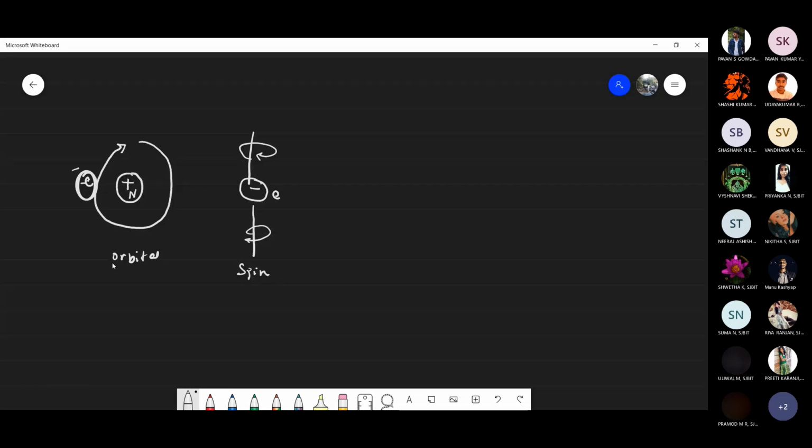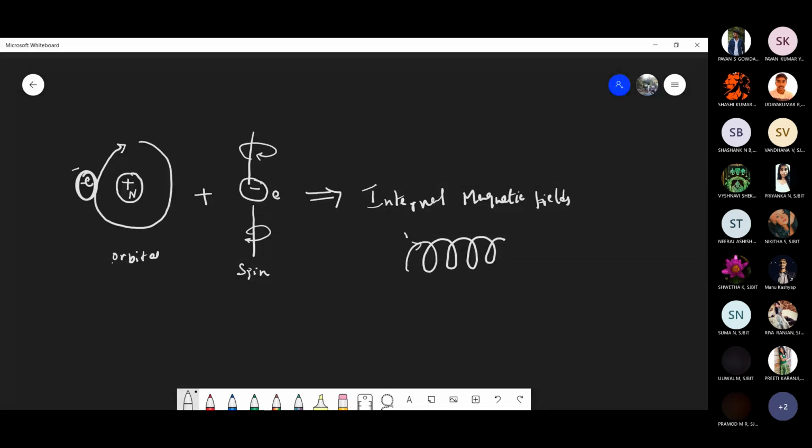Due to these orbital and spinning motions of electrons, an internal magnetic field is produced. So these two concepts, orbital motion and spinning motion of an electron, lead to internal magnetic fields. You call these atomic currents. Say we have a conductor carrying a bound current, I_B. Suppose this is a current-carrying conductor, and this current is called I_B.